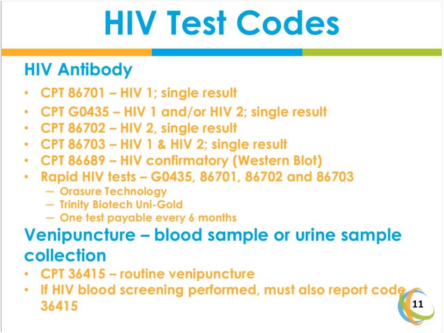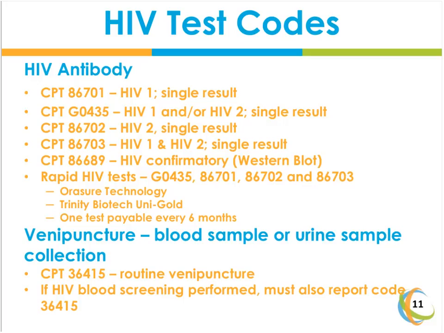CPT 86689 is just the confirmatory test, and this bullet provides an overview of the rapid HIV test codes. So the 4 rapid HIV test codes are G0435, 86701, 86702, and 86703.